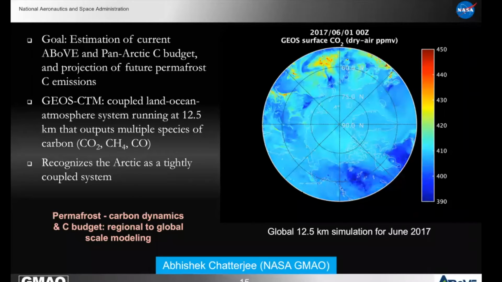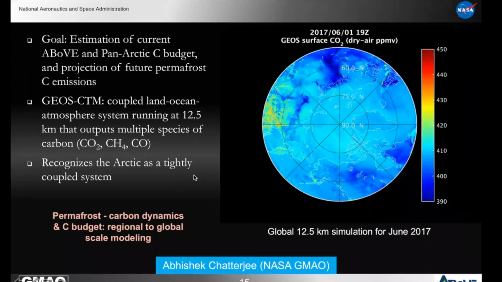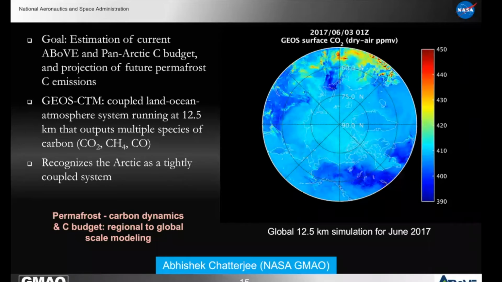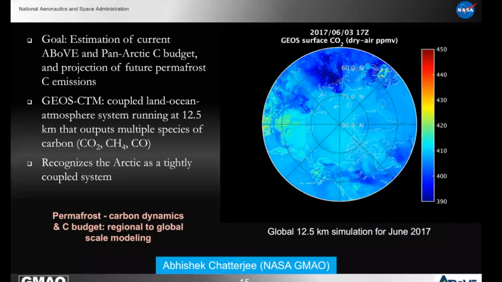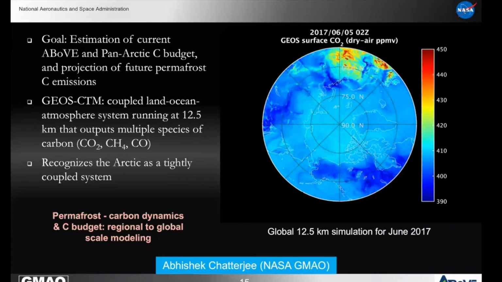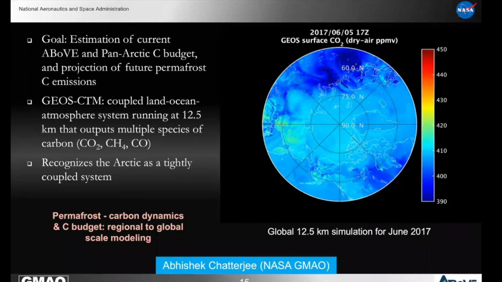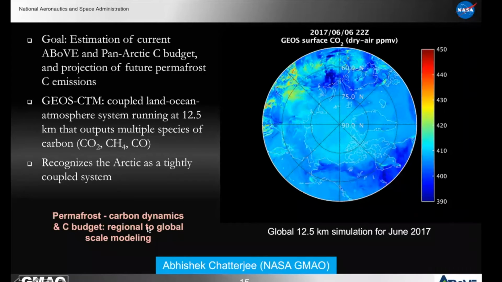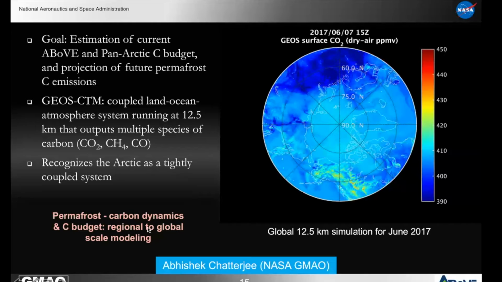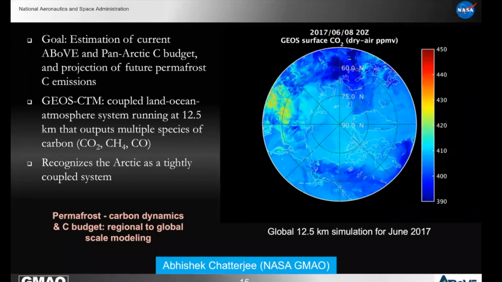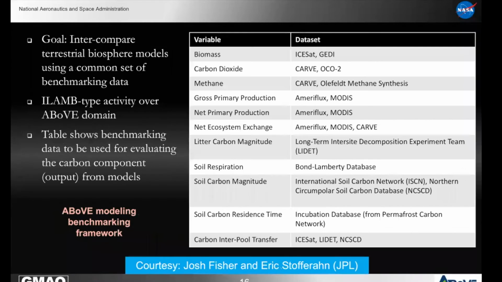The next step is to take the CO2 concentrations we have simulated from the model and compare them against actual observations to see how well we are doing and how much we need to adjust our base land model to get reasonable concentrations. So this again goes from regional to global scale modeling, but also gets at an overall handle on what the current carbon budget is and how it might project into the future.